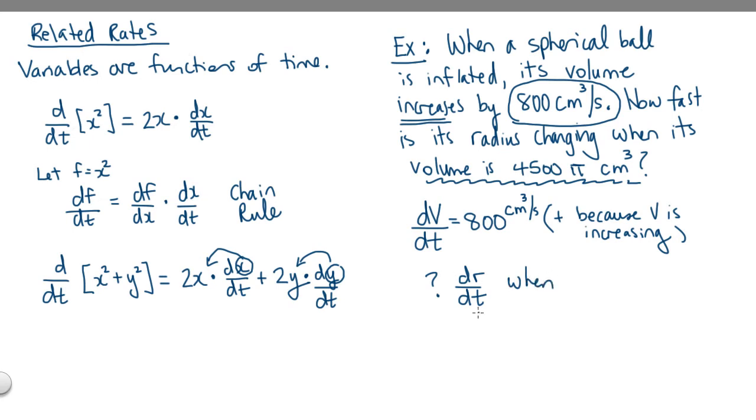So let's find our dr by dt when V is equal to 4,500 pi centimeters cubed. That way we've taken all the information in the question and put it into mathematical notation. So now we're ready to start the problem.